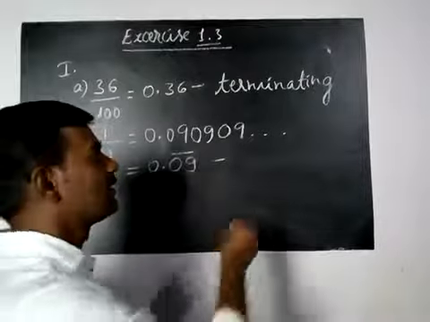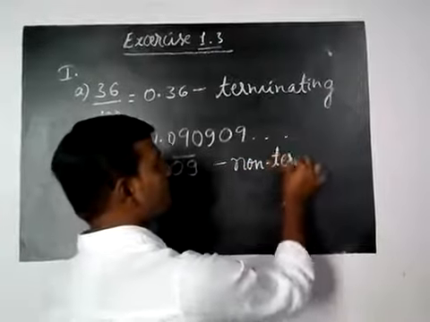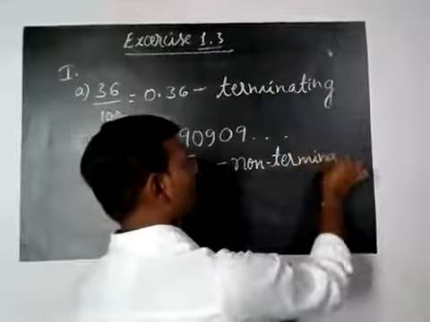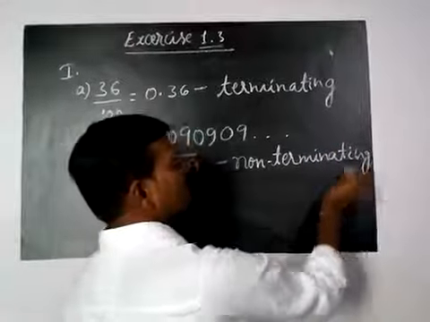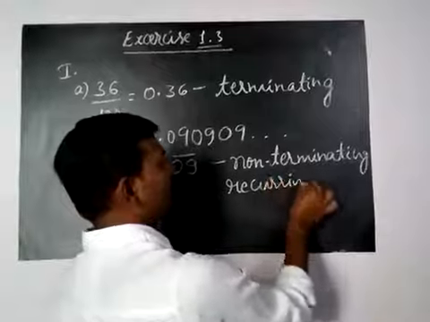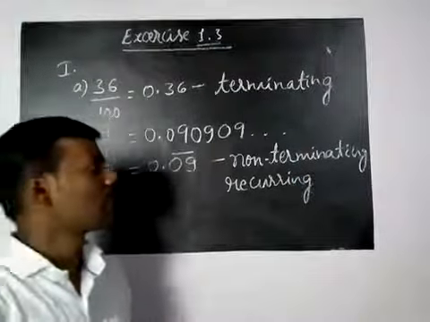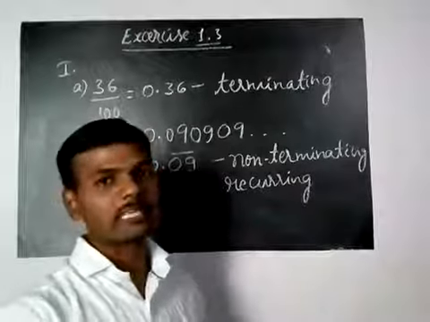It is non-terminating, because there is no end for the digits, and recurring, because the digits are repeated. So it is a non-terminating recurring decimal expansion.